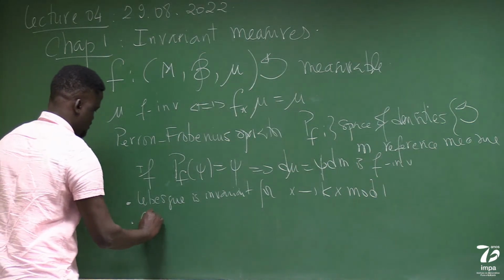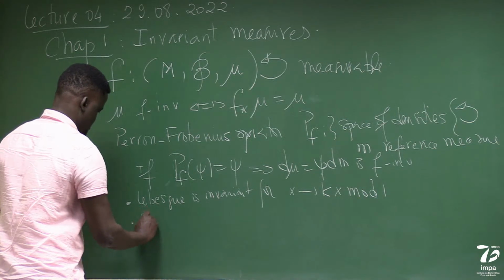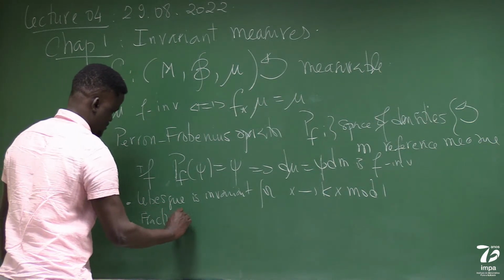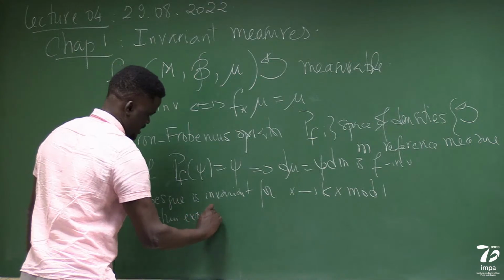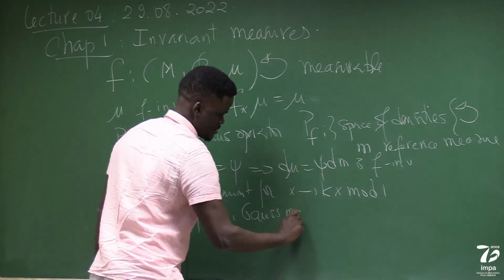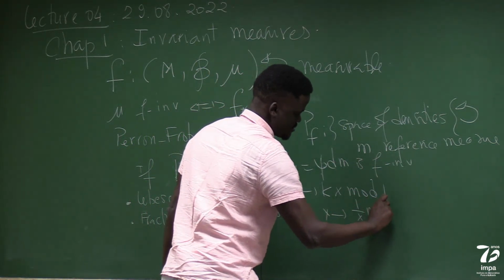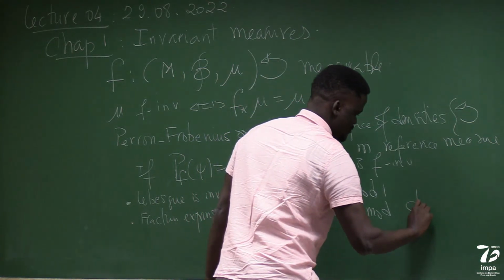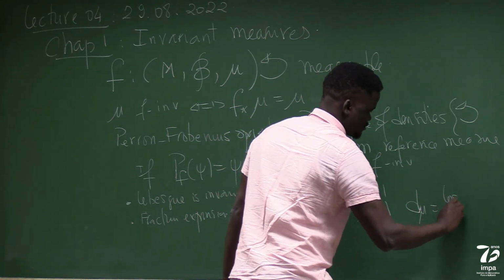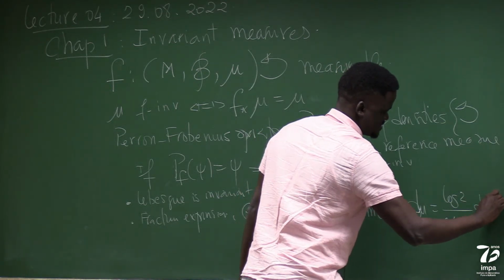And remember also the fraction expansion, which is given by the Gauss map, x goes to 1 over x mod 1. And remember, d mu equals log 2 over 1 plus x dx is G invariant.